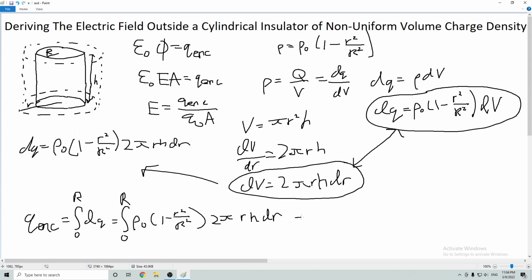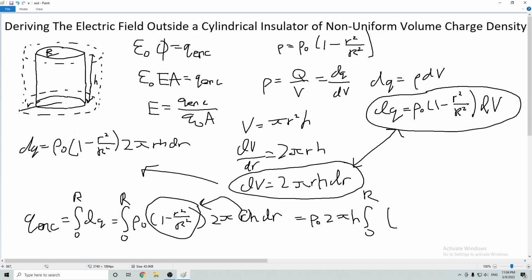So now basically we just solve for this. As you know, you can pull out constants during integration. So your constants are rho naught and 2 pi h, and the integral from 0 to big R. You're left with these two terms, which are not constants, so you cannot pull them out.